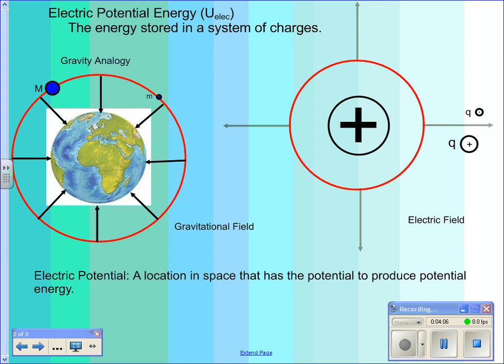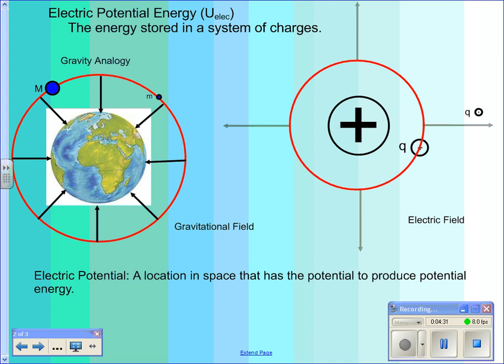So just as it takes energy or work to push a mass up high above the Earth, two positives want to repel. So it would actually take energy or work to push these two charges together. I'd have to push with a force some distance. It would take more work to push that big charge, because by Coulomb's law they repel more strongly, so I'd have to push harder to get them close together.